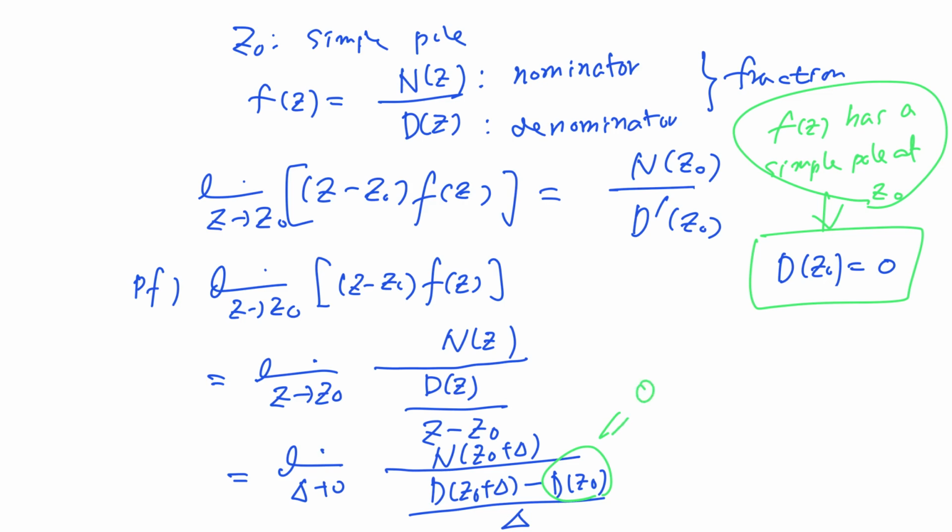You can always subtract 0 without changing anything. So basically the denominator becomes the derivative. So it becomes p(z naught) over q'(z naught). The proof is very simple.